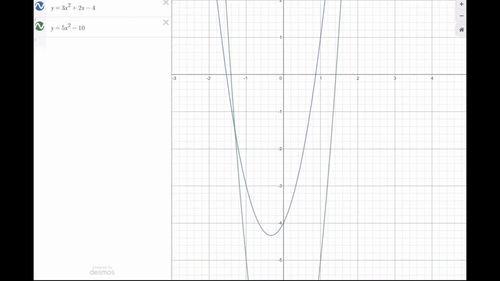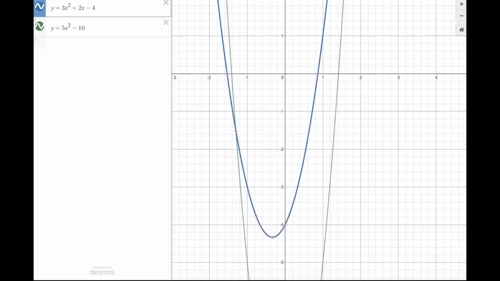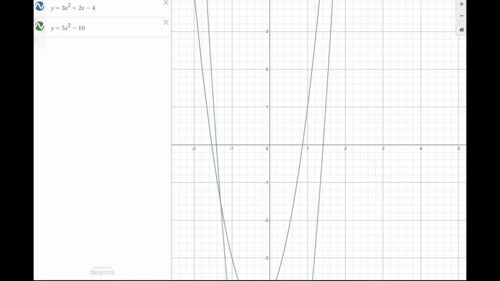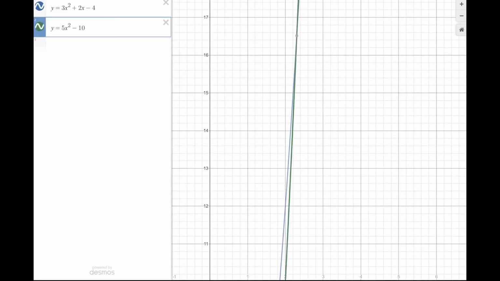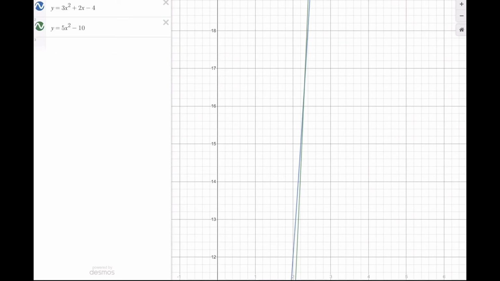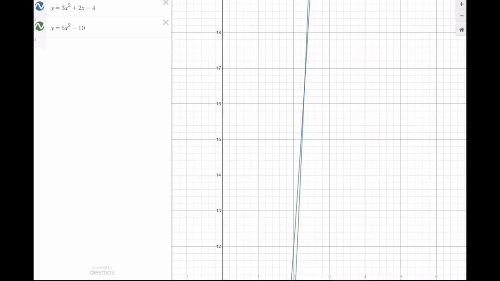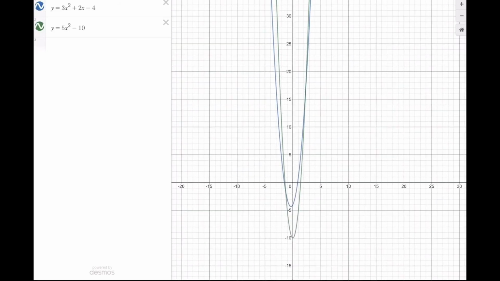We can see that there's a solution on the left, and if I touch it, it's at negative 1.303, comma, negative 1.514. And if I scroll up and I touch, I can see that my second solution is at 2.303, comma, 16.514.